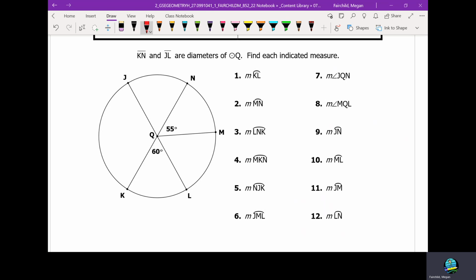Okay, so I'm just going K to L, the little one. The arc equals the central angle that's touching the center, right? So this arc is 60 degrees, just like that angle. Number 2, arc MN. That is from M to N right here. That is also the central angle measure, which is 55 degrees.